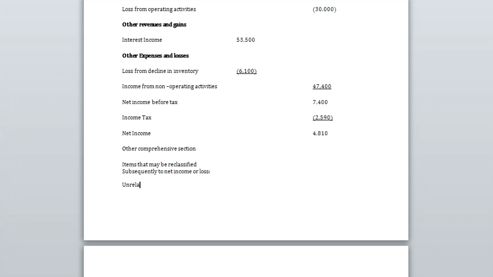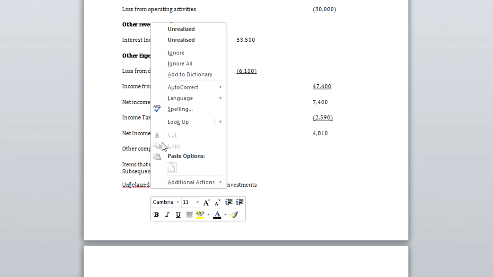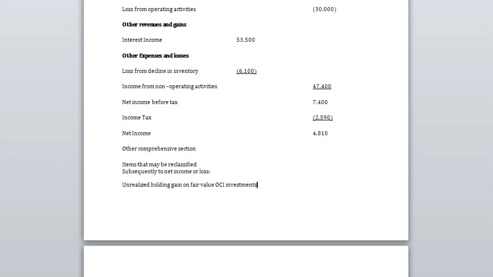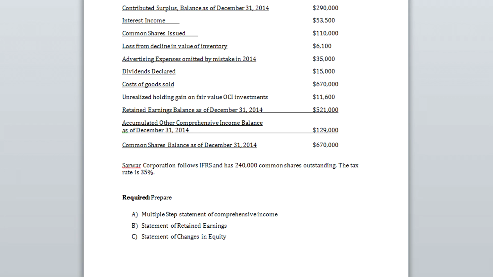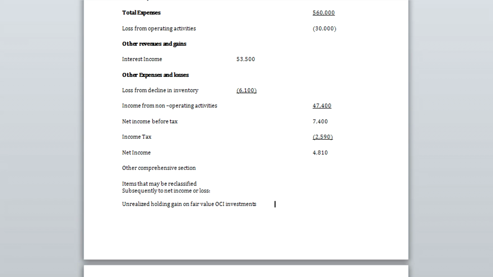So, unrealized holding gain on fair value OCI investments. Now I'll go ahead and fix my spelling right there. And I will figure out that it's $11,600.